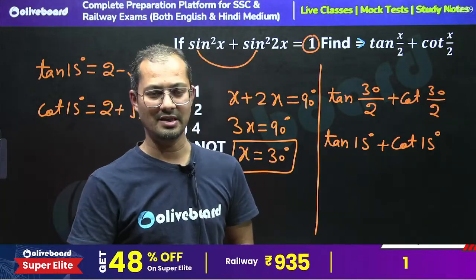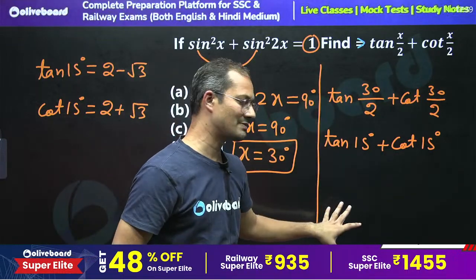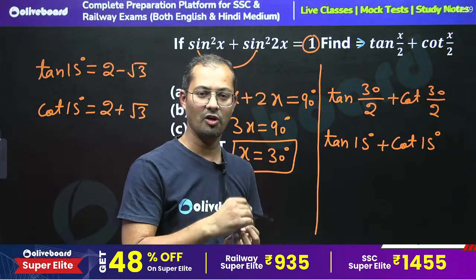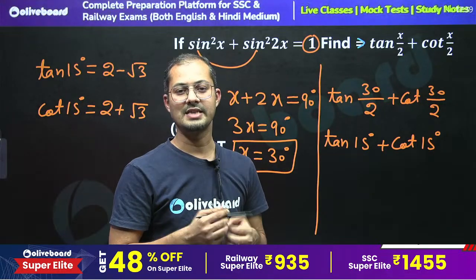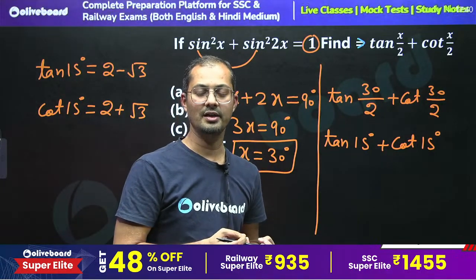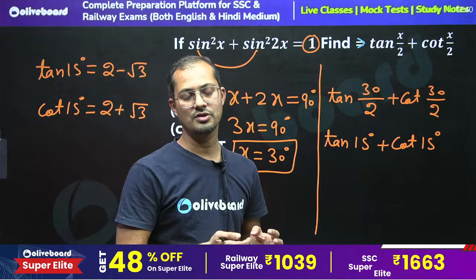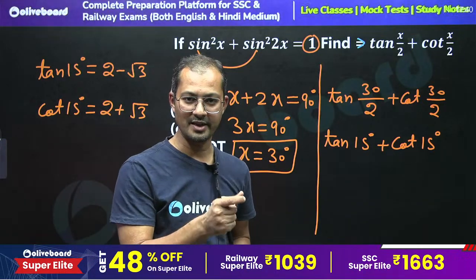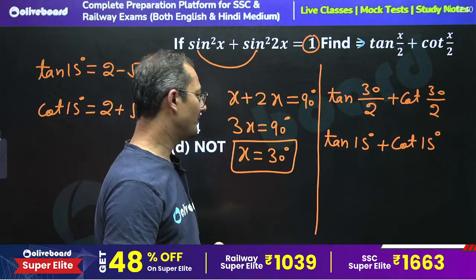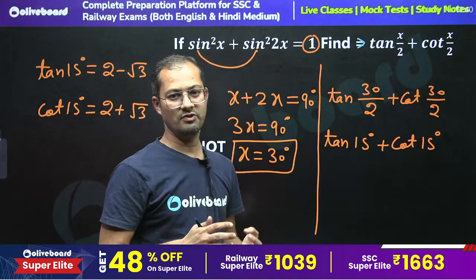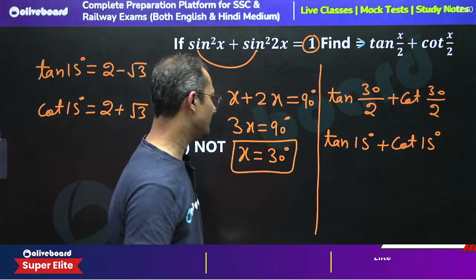So it's my personal suggestion, just learn these values: tan 15 degrees, cot 15 degrees, sin 15 degrees, cos 15 degrees, sec 15 degrees, cosec 15 degrees, and also for 75 degrees. So please learn the values for 15 degrees and 75 degrees, because these are going to be very useful for you, right?